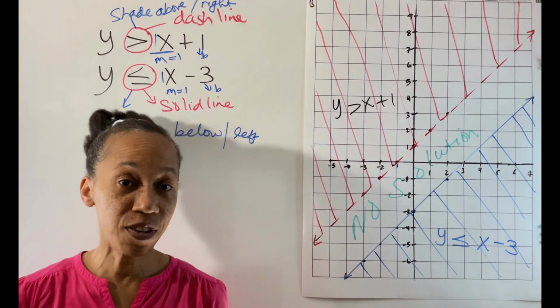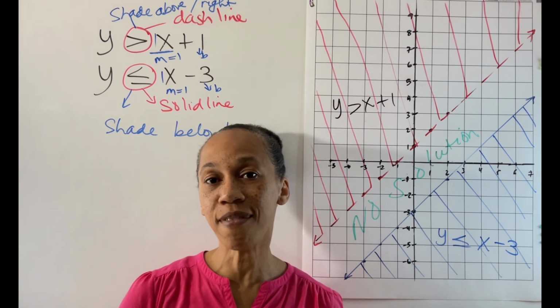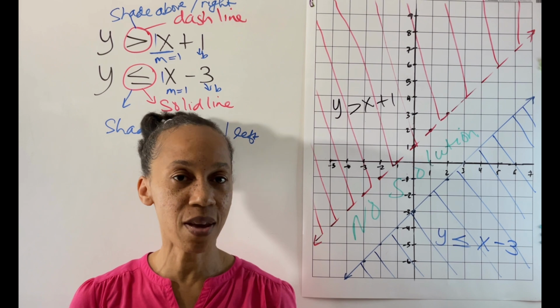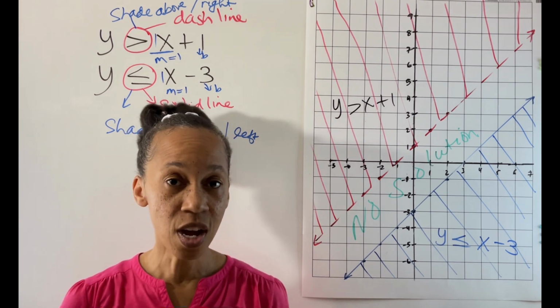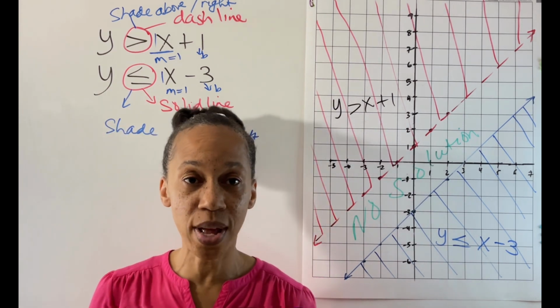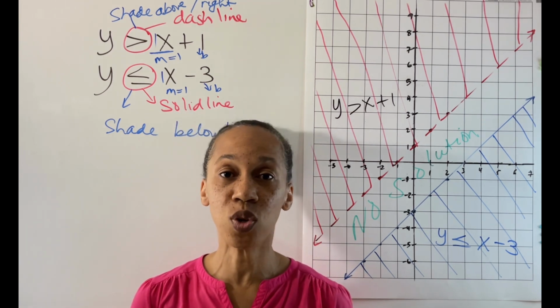I hope that this video has helped you tremendously, and now that you know how to graph systems of linear inequalities, you will be successful when you're given any problem that deals with them. Just remember, you have to remember when to shade above and when to shade below. You have to also remember when to use a solid line and when to use a dashed line.